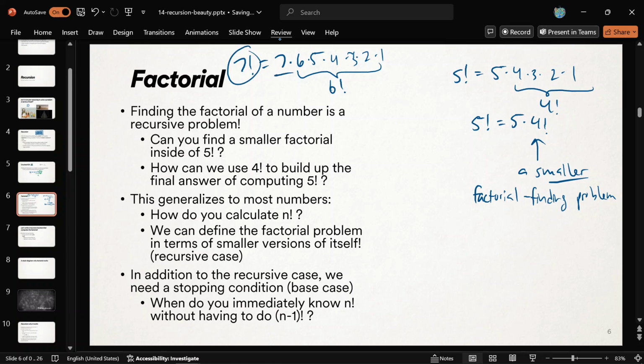So in general, if somebody asks for n factorial, that's equal to n times n minus 1 factorial. You see how that generalizes both of these cases and every other one too, most of them at least.